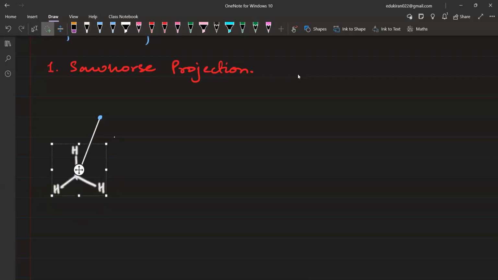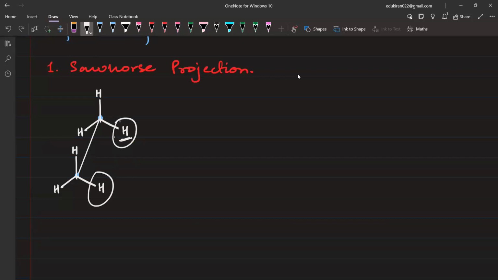One of the projections could be if everything is completely same in both the carbon atoms. Okay, so the hydrogens are facing each other. They are very near. Then what could happen? This hydrogen will actually be eclipsed by this hydrogen, because this particular hydrogen is just behind the front one. So this front one will be eclipsing it, and that is why this is known as eclipse configuration.